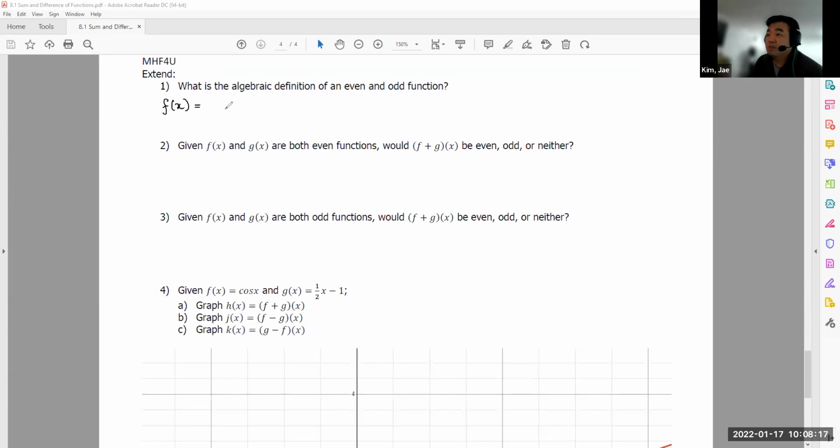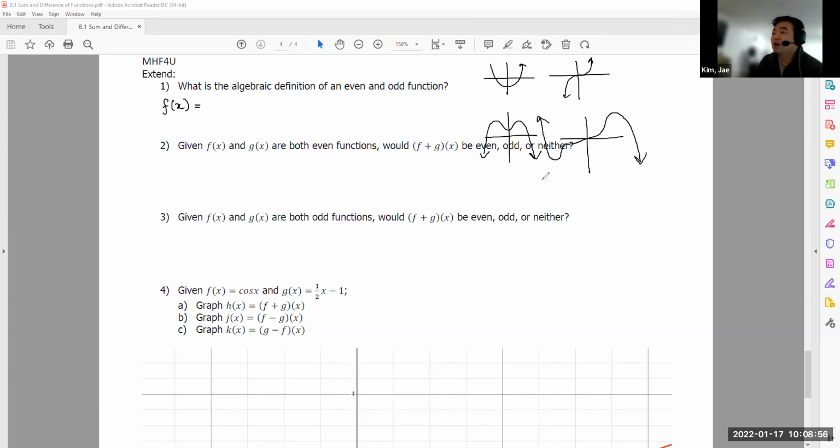Well, what does an even function mean? A whole number that is divisible by 2, x to the power of an even exponent. Well, yeah, x is to the power of an even exponent, but visually speaking, how about I remind you of this? This is an even function. This is an odd function. This is an even function. This is an odd function.